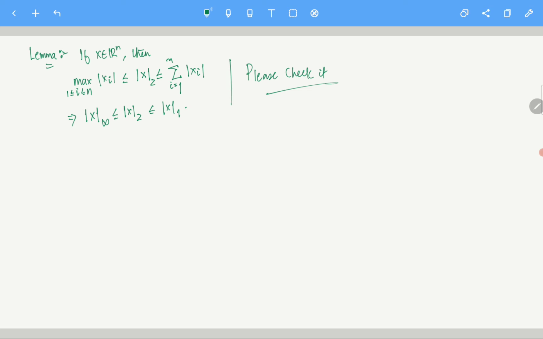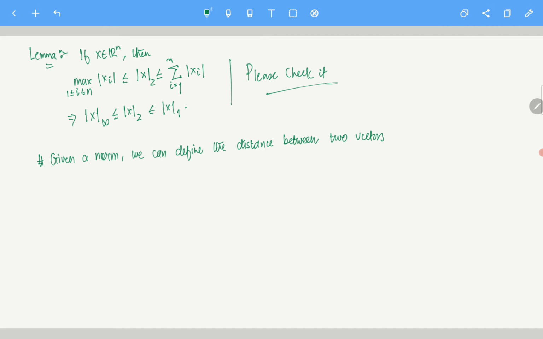Of course, once you define a norm, given a norm, we can define the distance function between two vectors.